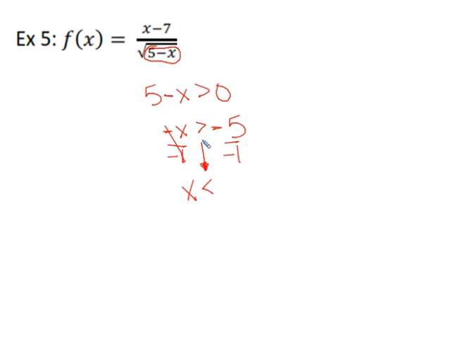So instead of being greater than, it's now going to switch to a less than. -5 divided by -1 would give us a +5. So our domain values for this particular equation would have to be x values that are less than 5. You can put in 4, you can put in 3, you can put in -2. You can put in any x values you want as long as they are less than 5.